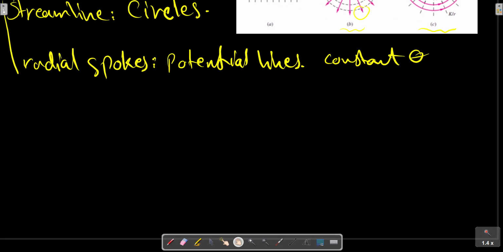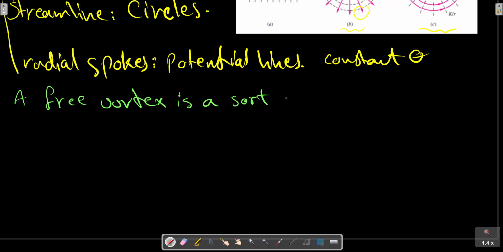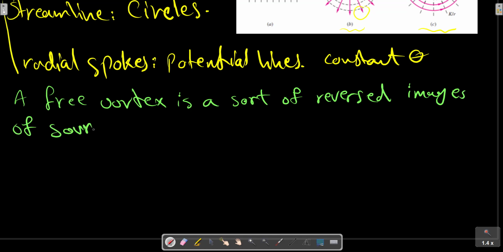So we can write: a free vortex is a sort of reversed image of sources.